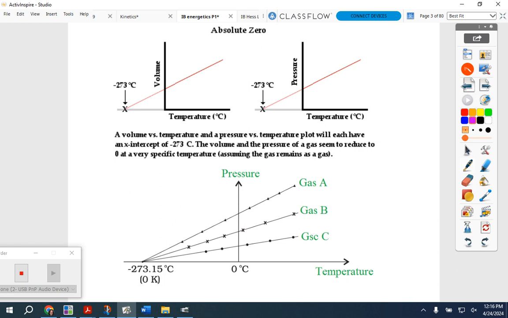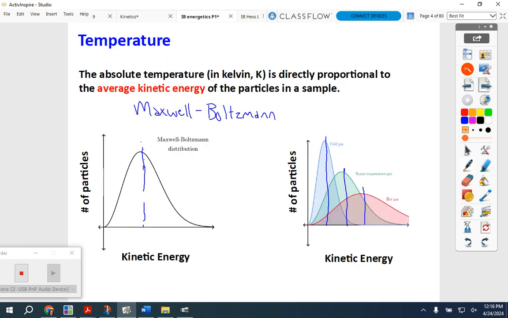We've already talked about the Maxwell-Boltzmann distribution: the distribution of the kinetic energy of any given particle, how many of them are at different energies. We talked about how the distribution has a peak, and then it has a long tail on the higher energy side. So it's not totally symmetrical.